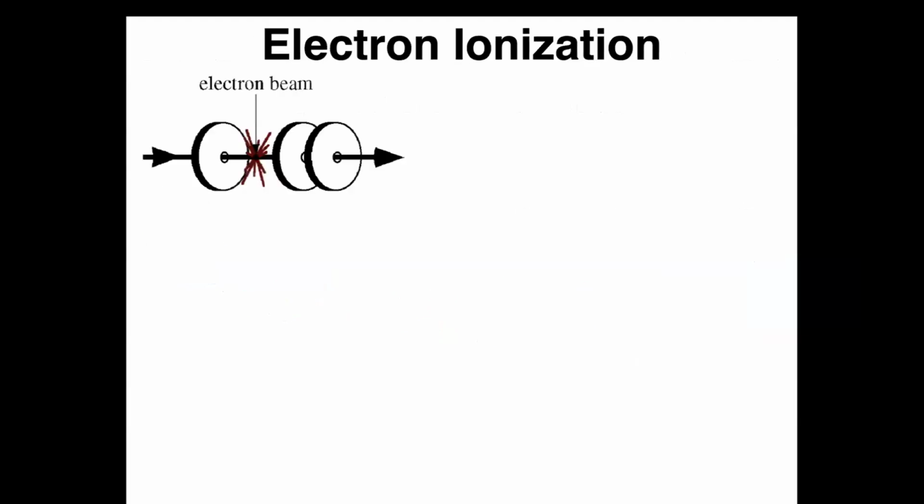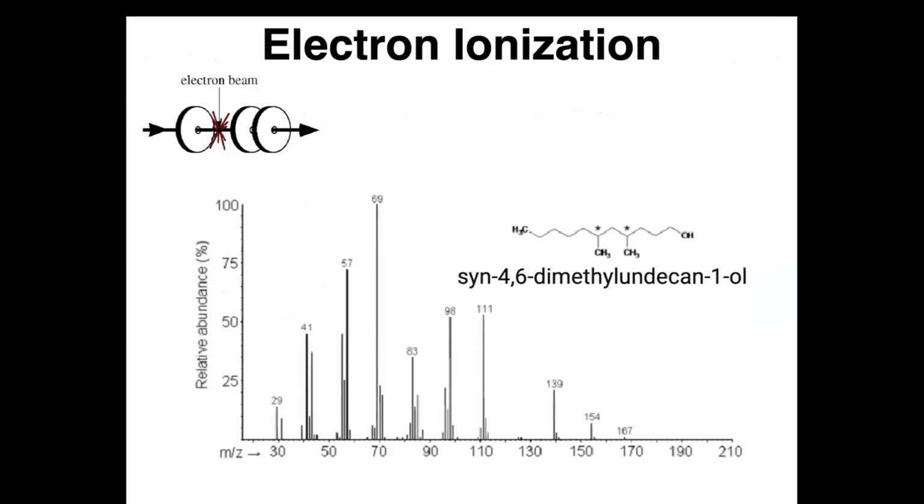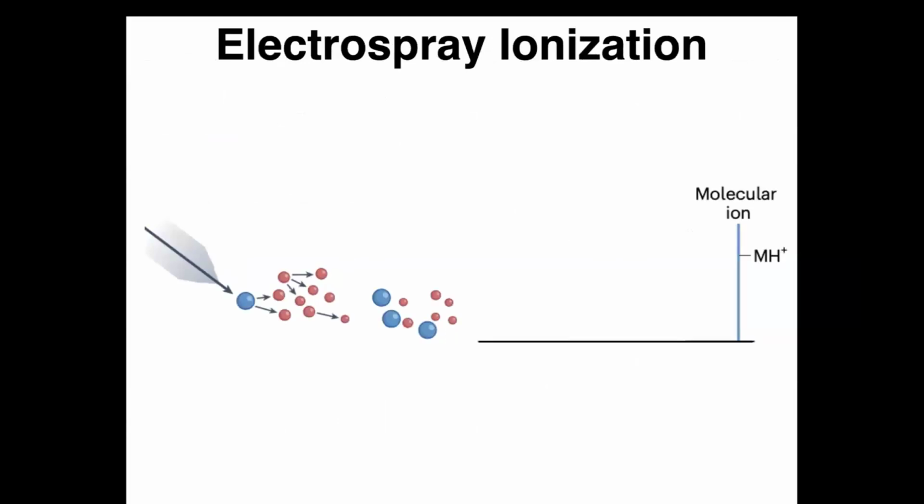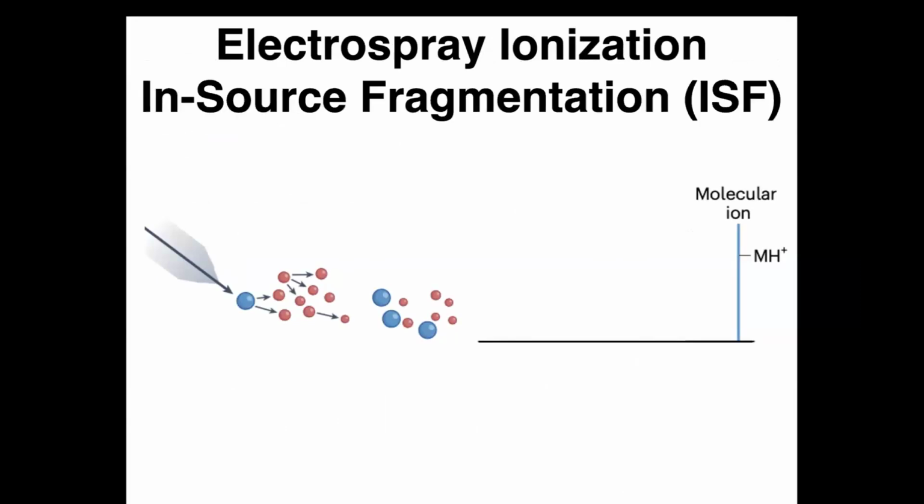And the question is, how prevalent is it? Well, we know with electron ionization, which has been around for over 70 years, that in-source fragmentation is very well known. With respect to electrospray ionization, we didn't know how prevalent it was until very recently.